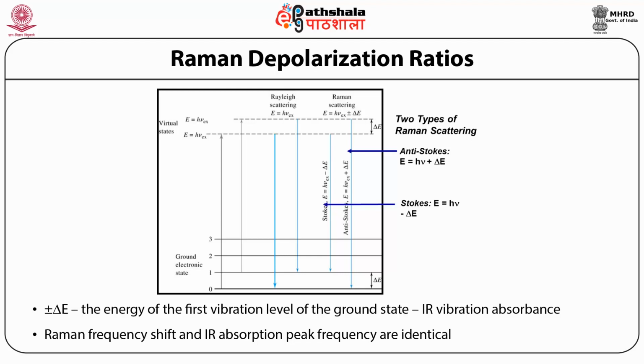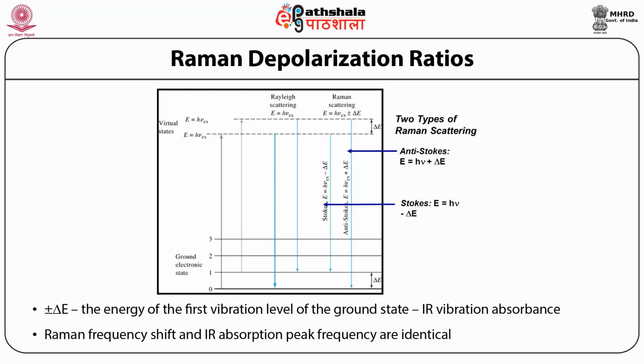Both Rayleigh and Raman scattering are inefficient processes. Typically, only one part in 1,000 of the total intensity of incident light is Rayleigh scattered, while for Raman scattering, this value drops to 1 part in a million.